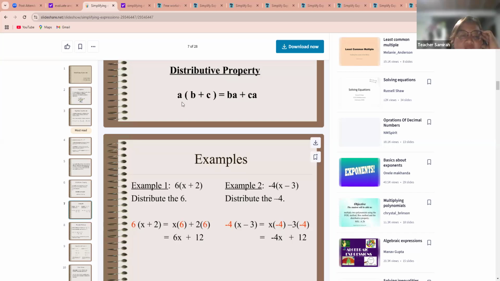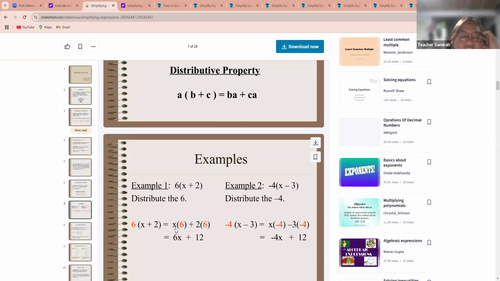6 is our A, x is our B, and 2 is our C. So what we are going to do is distribute. How do we distribute? 6 times x, then copy the sign, and then 6 times 2.